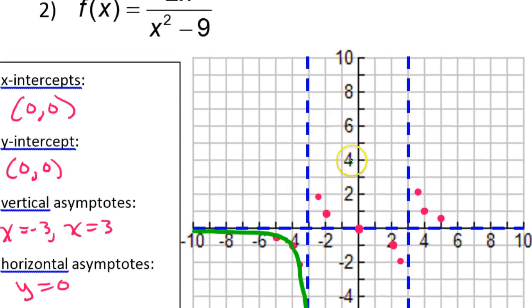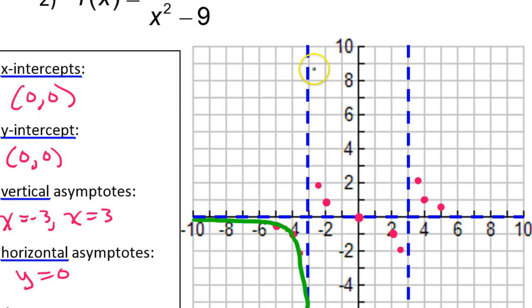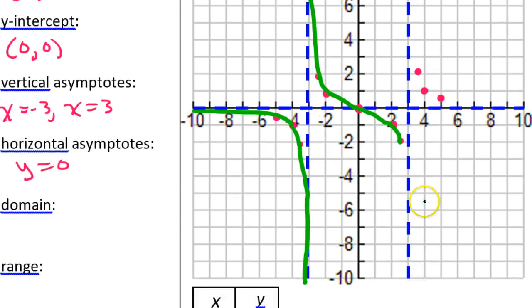Alright, there's a branch that's approaching this asymptote up high. And then passing through the horizontal asymptote and approaching this asymptote down here.